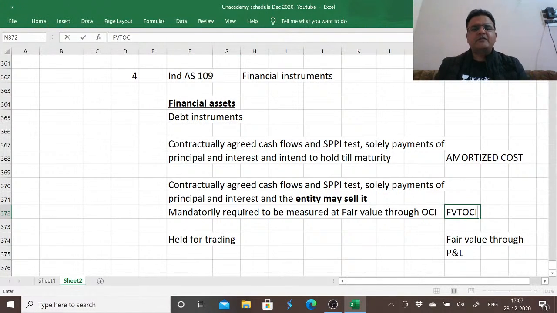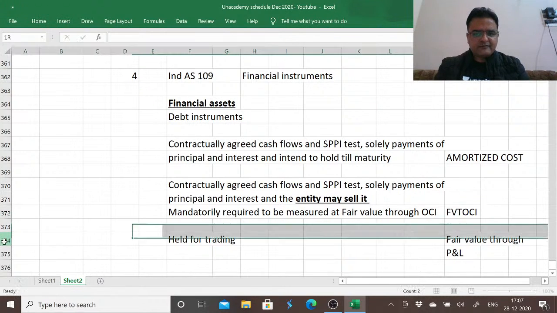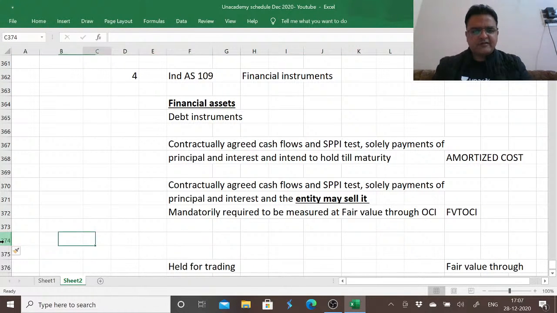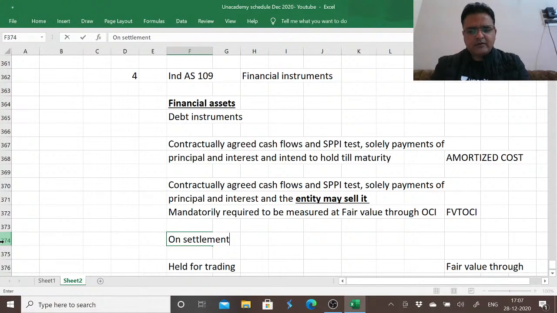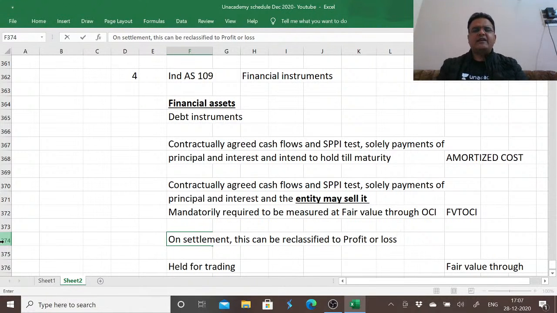But one relaxation they have given is that on settlement, this can be reclassified to profit or loss. The resulting gain or loss, if we are settling, can be routed through P&L.